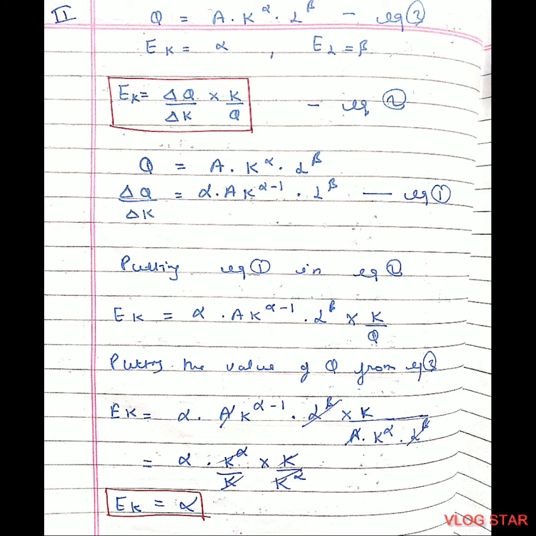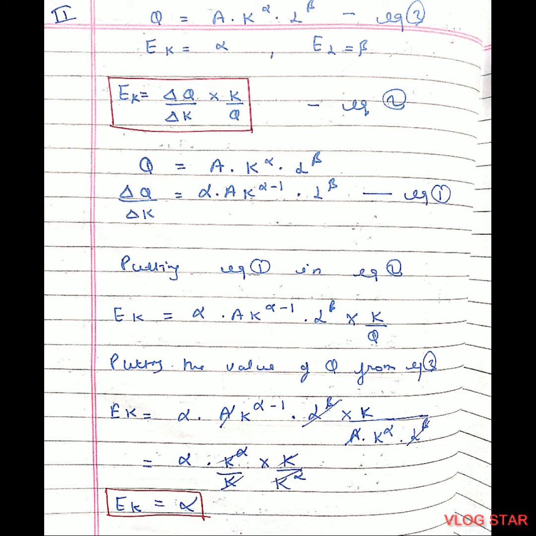So the derivative would be alpha A K to the power alpha minus 1 L to the power beta. Naming this as equation 1. Now in the formula of elasticity of capital, we'll put the values of equation 1. So delta Q upon delta K can be written as alpha A K to the power alpha minus 1 L to the power beta multiplied by K upon Q.